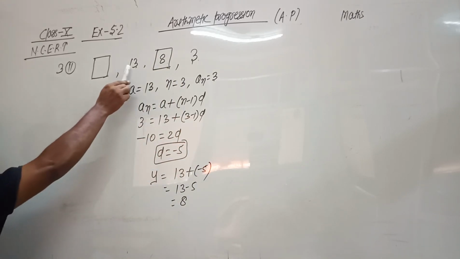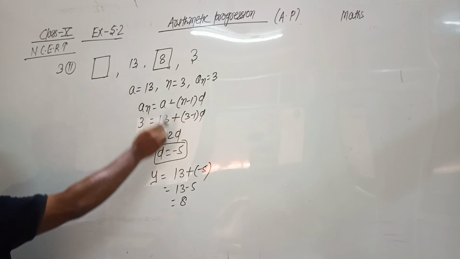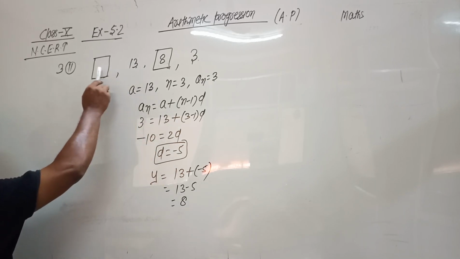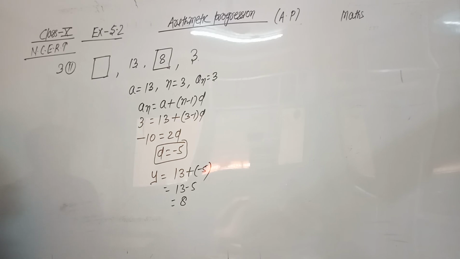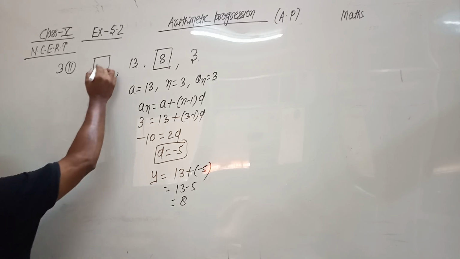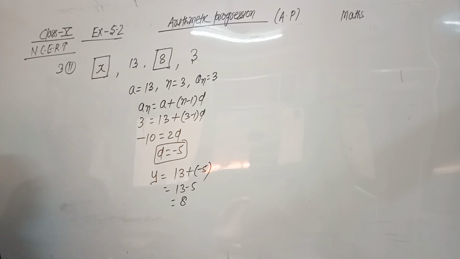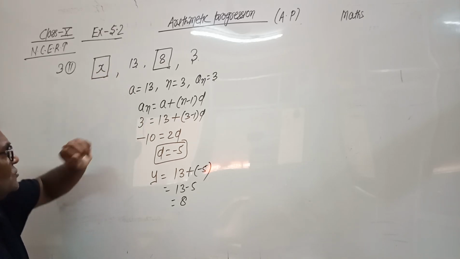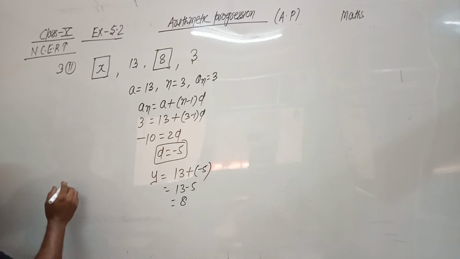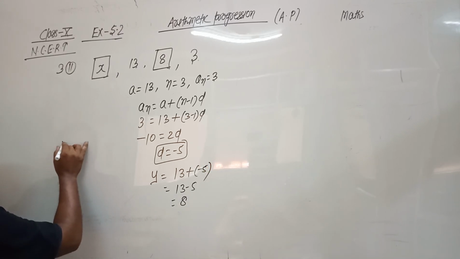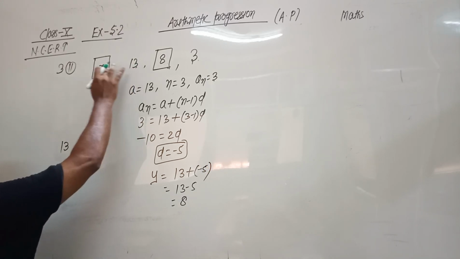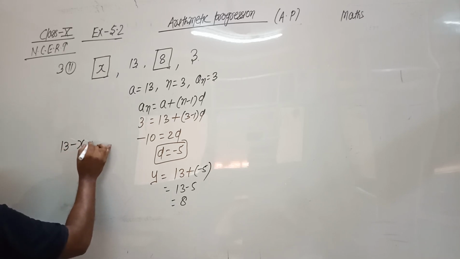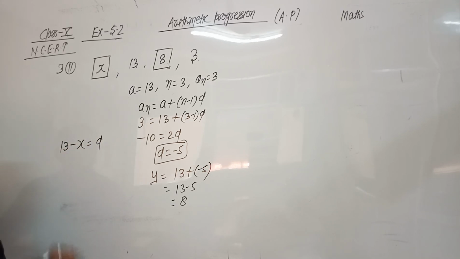If the second term is known, the common difference is known, and we have to find the first term, what do we do? Let it be x. If the first two terms are known, then for finding the common difference, we use second term minus first term equals common difference.